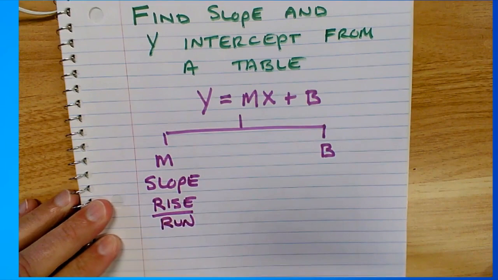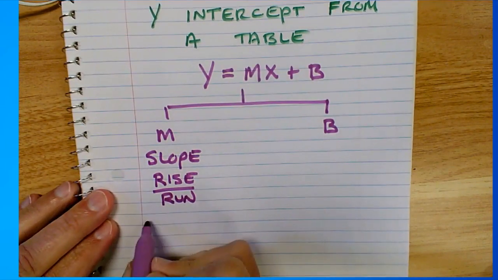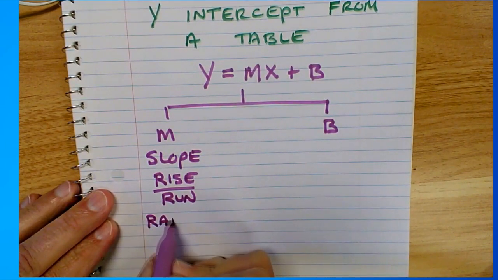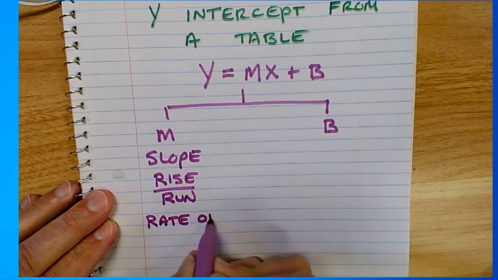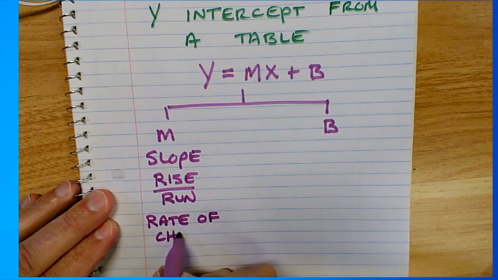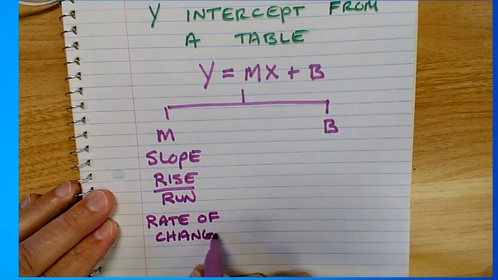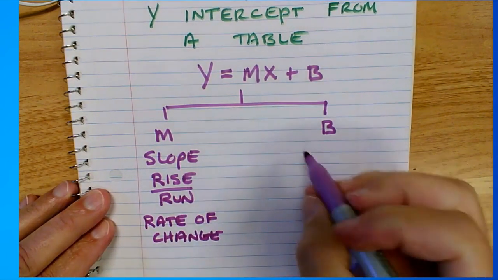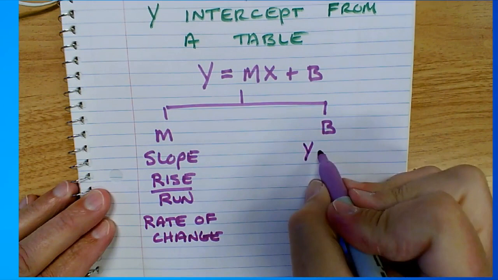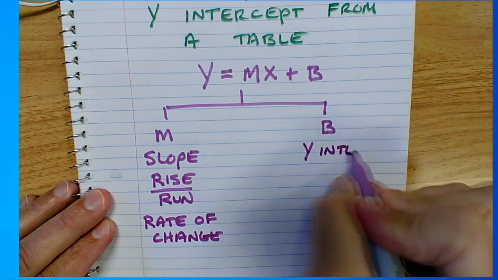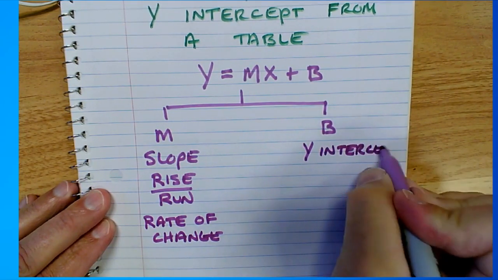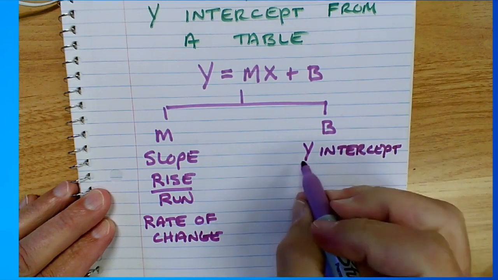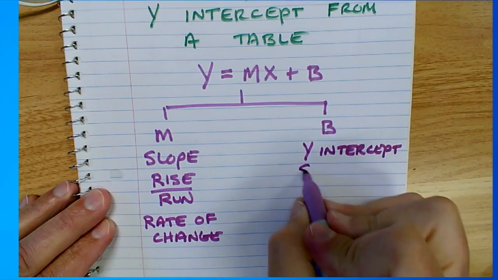What else is m? M is also called the rate of change. What is b? B is the y-intercept. It's also the starting point.